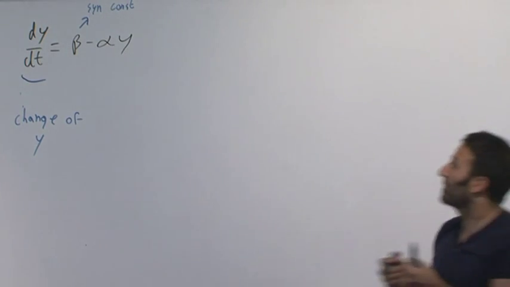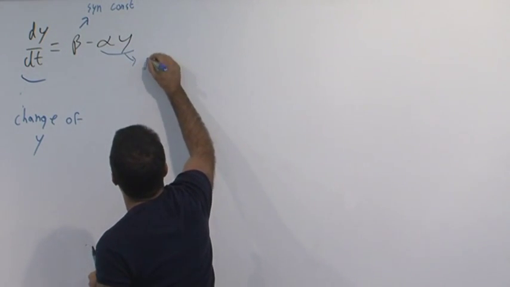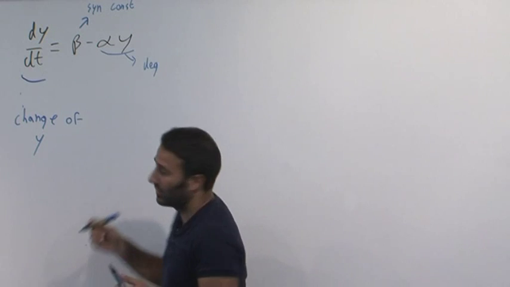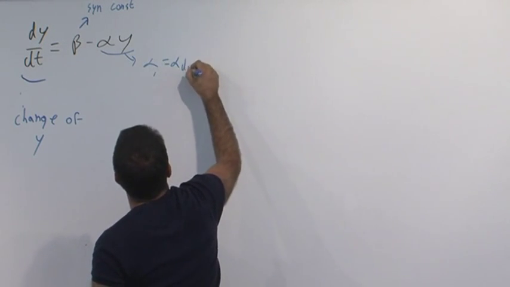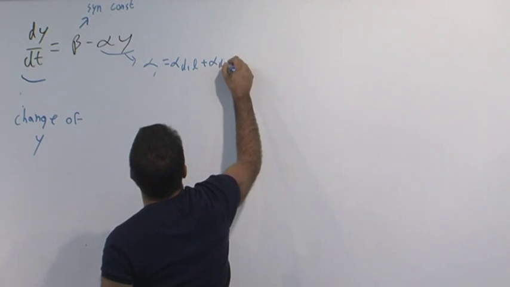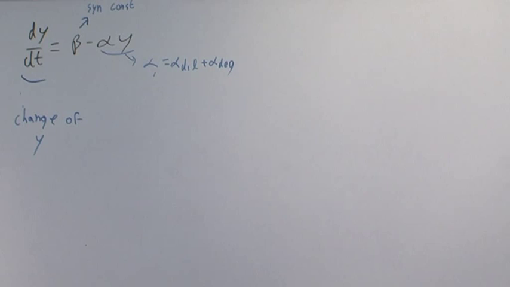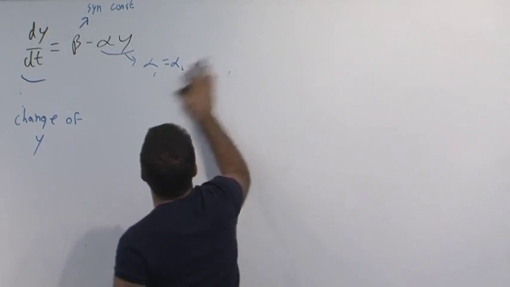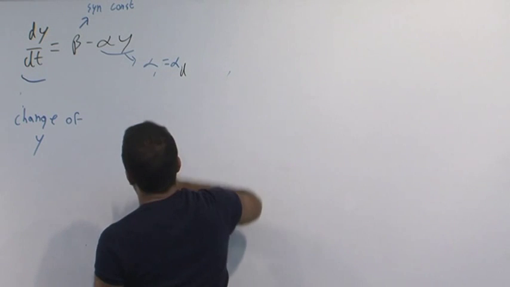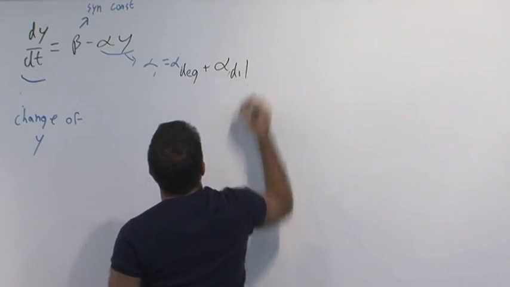And alpha y is the degradation and dilution. Alpha equals alpha degradation plus alpha dilution.